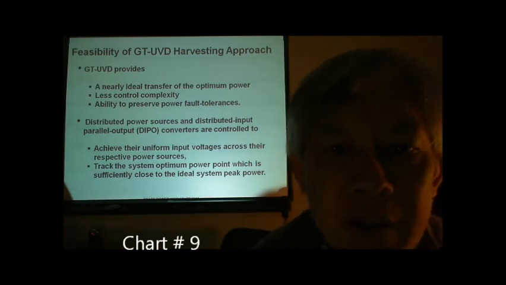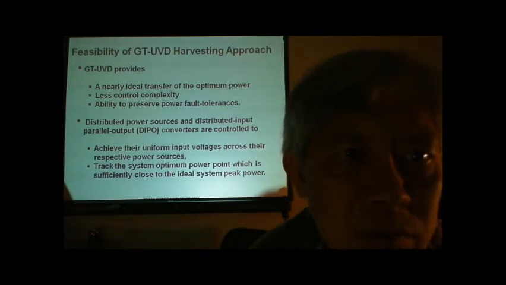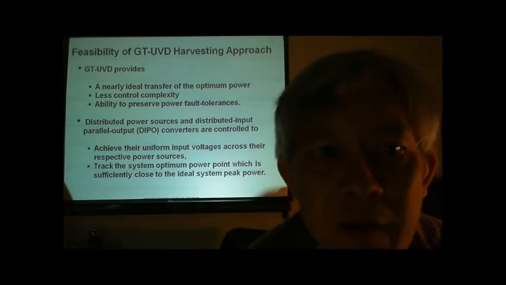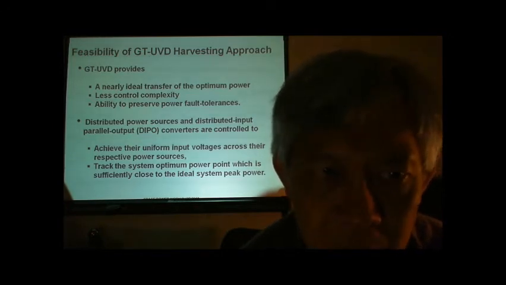Feasibility of the group tracking uniform voltage distribution harvesting approach. Group tracking UVD provides a nearly ideal transfer of the optimum power with less control complexity and ability to preserve power fault tolerances.